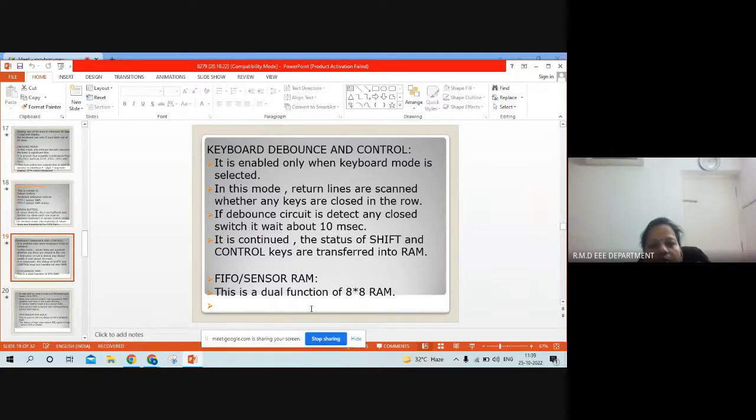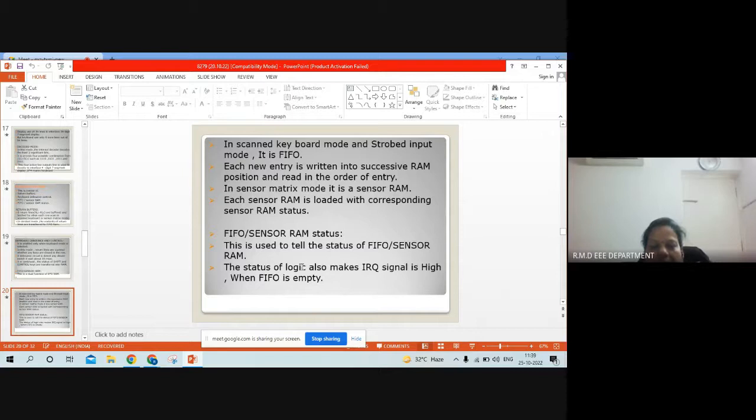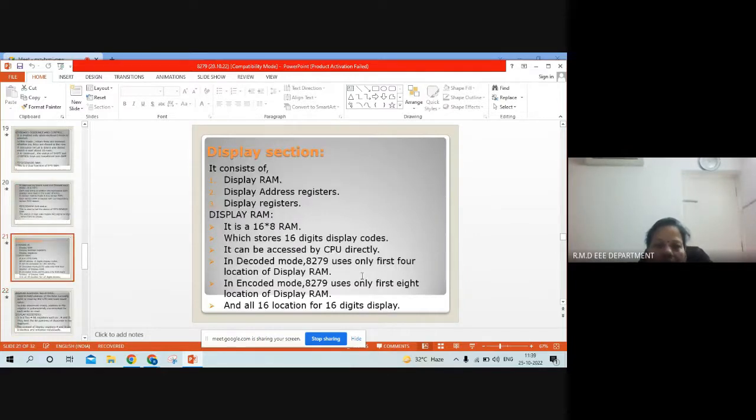And then the FIFO sensor RAM. So whenever there is a key entry, the corresponding key code generated with the help of the debounce and control is stored in the FIFO sensor RAM. And then followed by the status, it will show the status of the FIFO sensor RAM, and this status logic will generate an IRQ signal indicating to the processor.